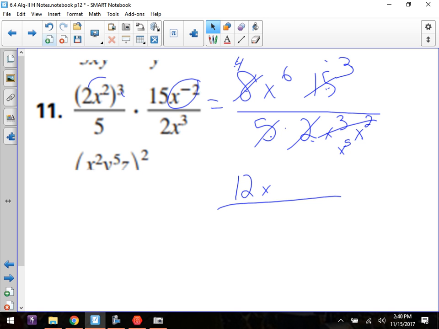Same base, different exponents, when you fight. No, power to power is when you multiply. I just distribute. Then I add. No, it's not. Power to power.